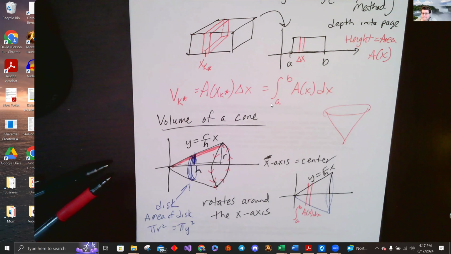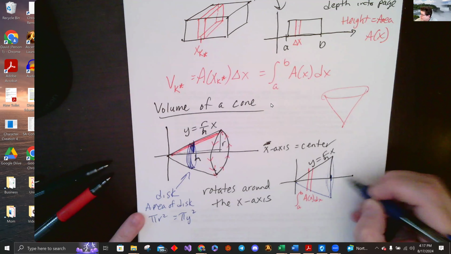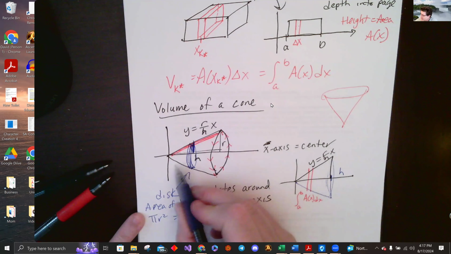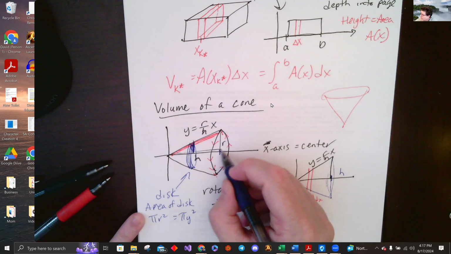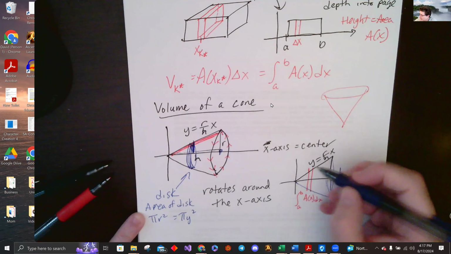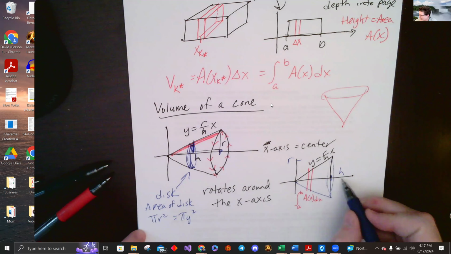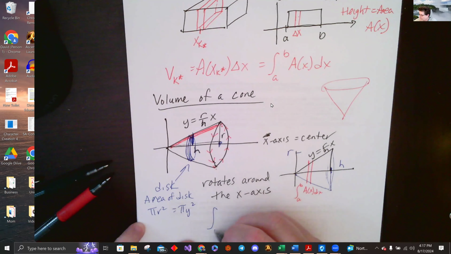So here, if I'm setting up the integral, this is going up to h. We showed that here. This is a length h right there, and that makes this a height r there. If we're going along dx, we're going from 0 to h.